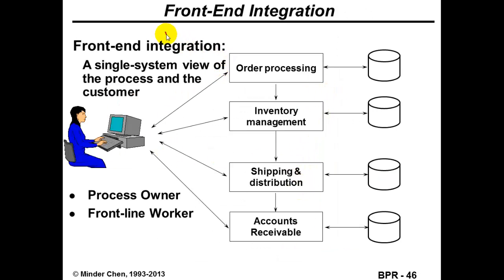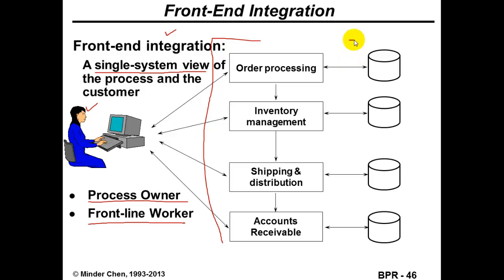It is important that we design a system which allows the frontline worker or process owner to have a single system view, an integrated view of the overall process, such that they can interact with the customer properly to help the customer understand the status of their order or their inquiry.